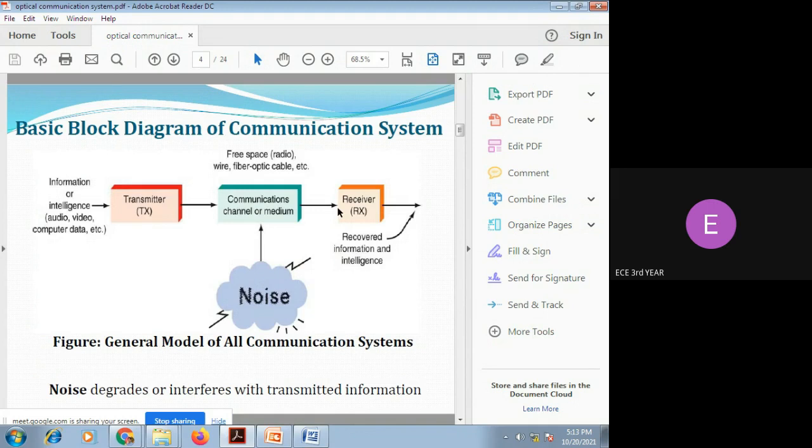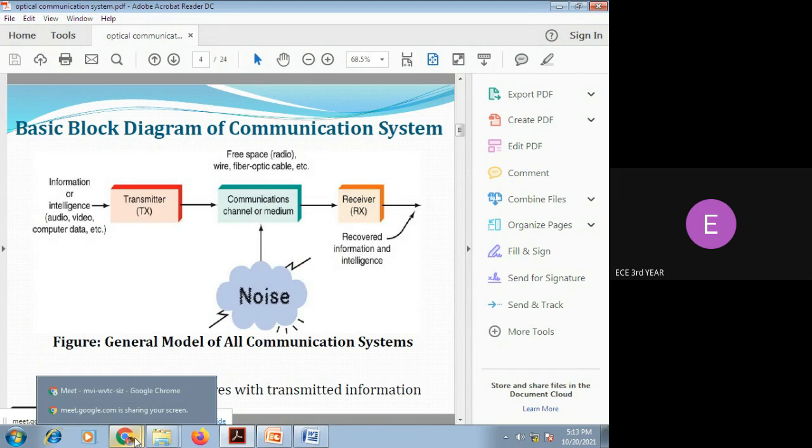Basic block diagram of a communication system. There are three blocks available. First one is the transmitter block, second one is the channel, third one is the receiver.